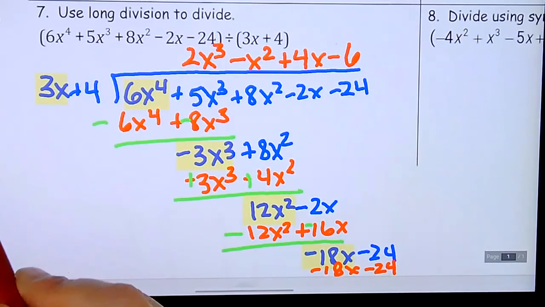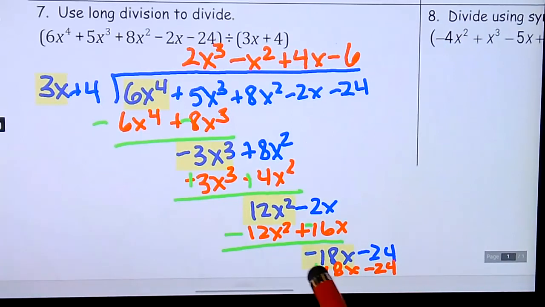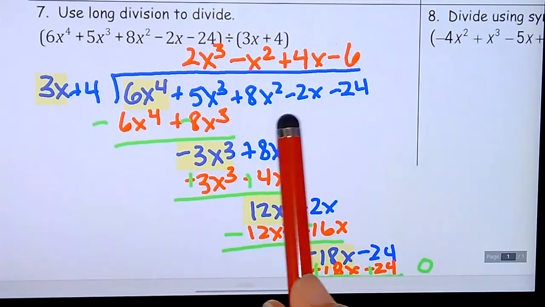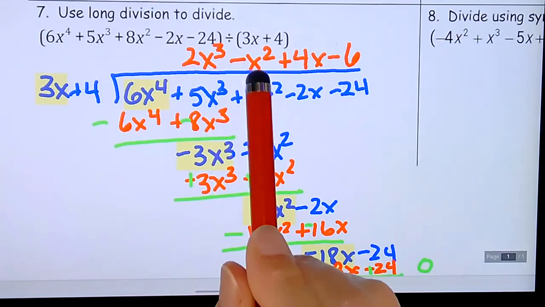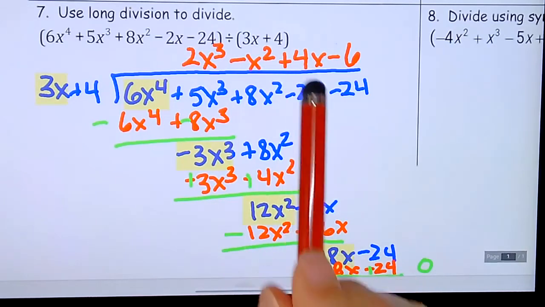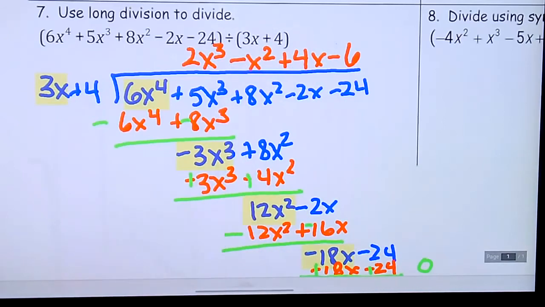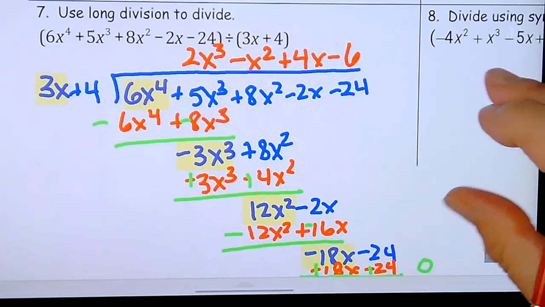I'm going to switch my signs. And when I switch my signs, this becomes a plus. This becomes a plus. And when I do that, my remainder is 0. So my answer actually is a nice one. I don't have any remainder. My answer is 2x cubed minus x squared plus 4x minus 6. If they were asking if 3x plus 4 is a factor, yes, it is. Okay, number 8.